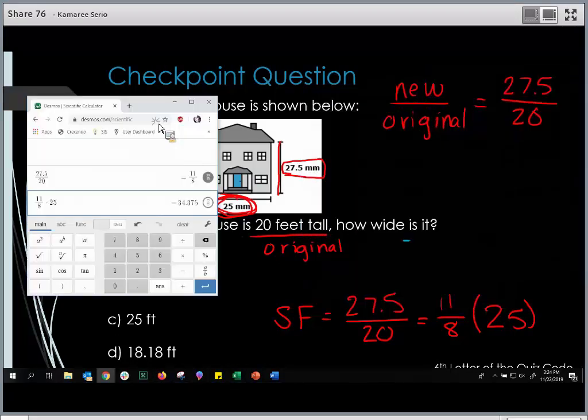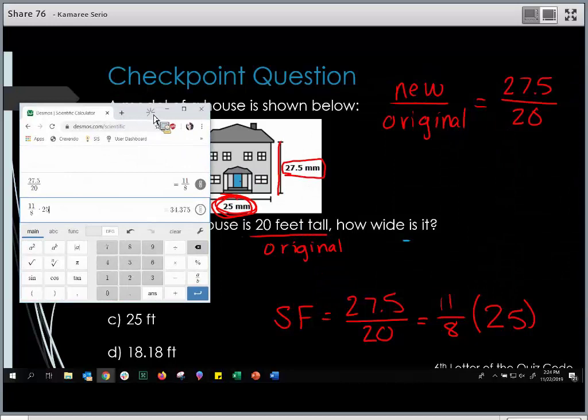Did I do it wrong? Did I type something in wrong? Let me double check.